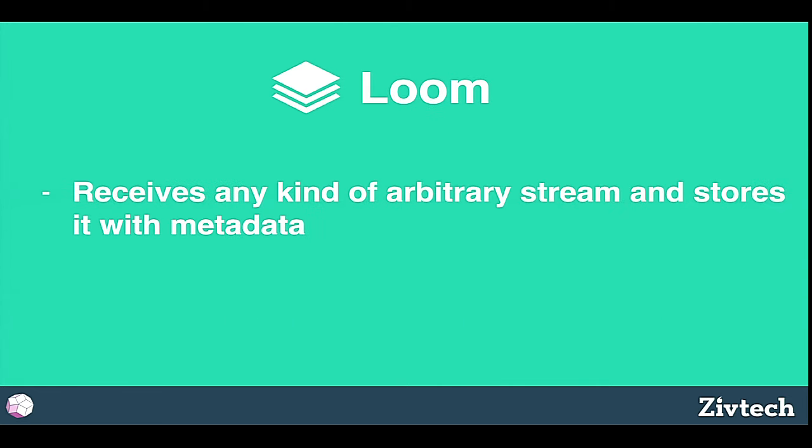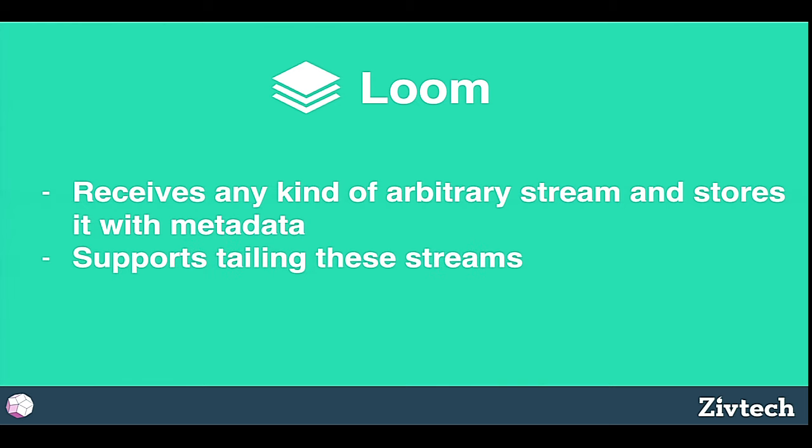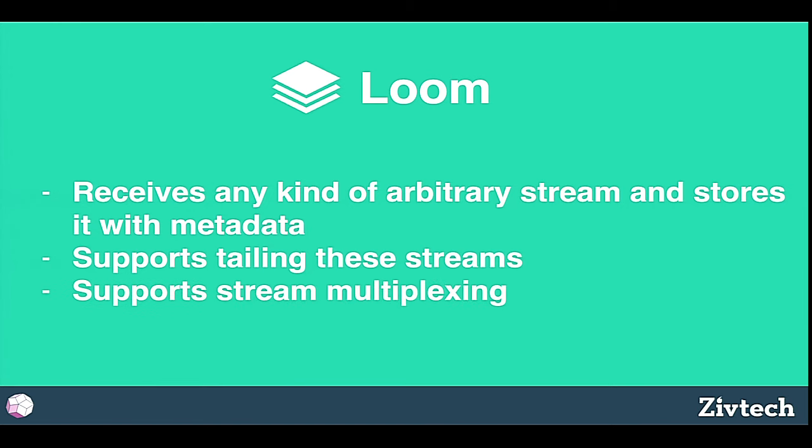Loom weaves multiple streams of output together. So it receives any kind of arbitrary stream. We've tested it with streams of binary data, although other things are probably better at that. And it has an API that allows you to tail those streams. And then it stores some metadata about that as well.